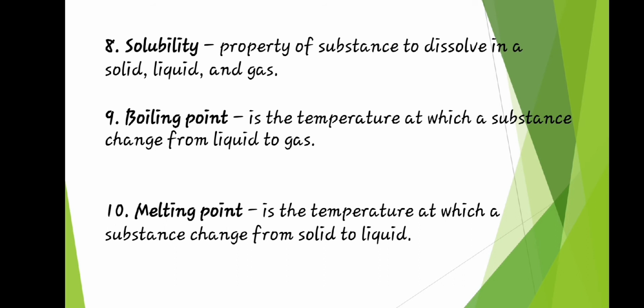Okay, let's proceed to another. Aside from boiling point, we also have melting point. Again, there is no change in physical appearance when you melt something, right? So it is included in physical property because there is no change in chemical composition. One example of melting point is melting ice.